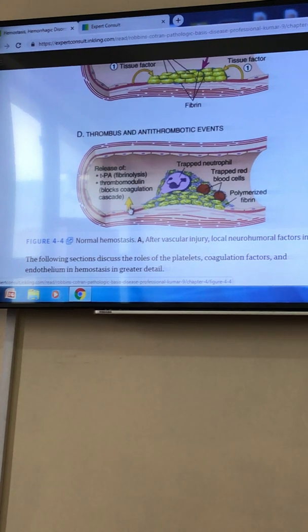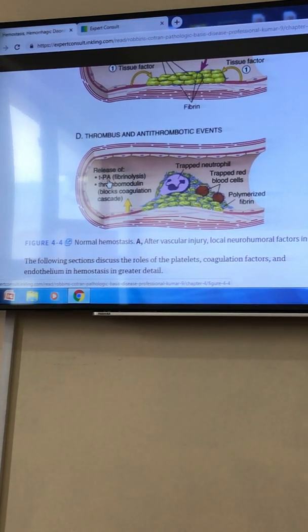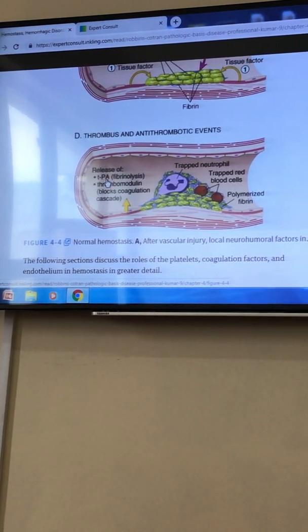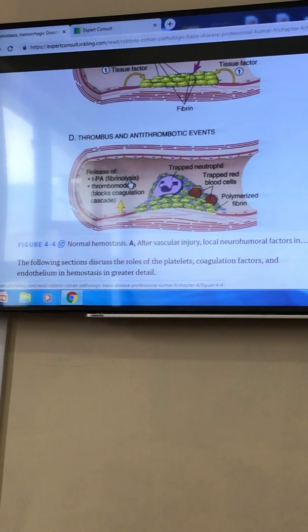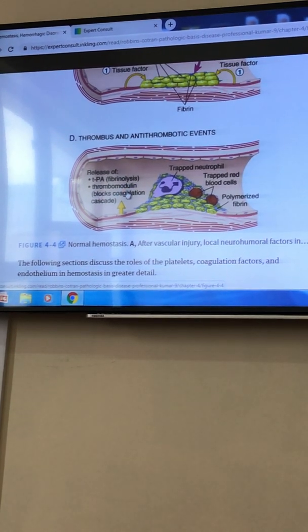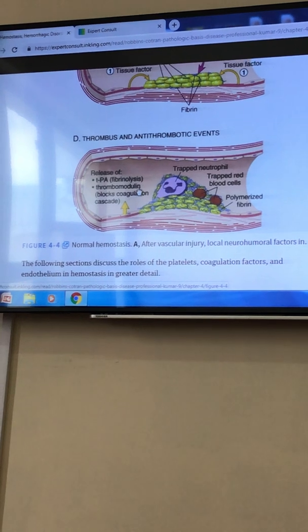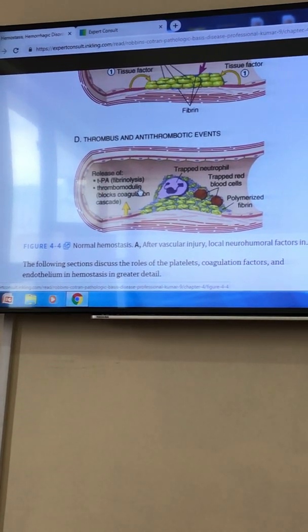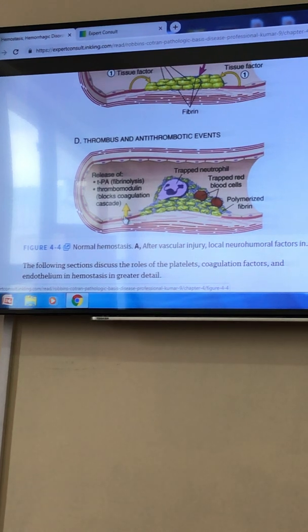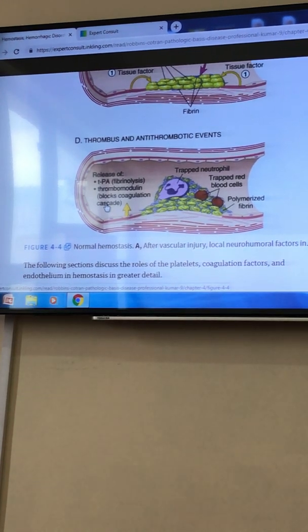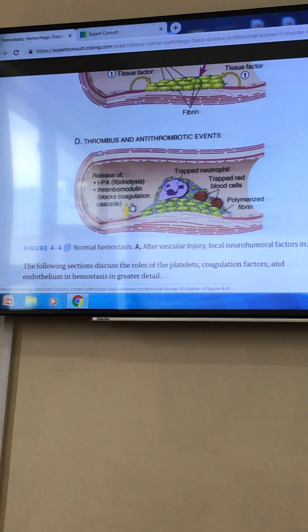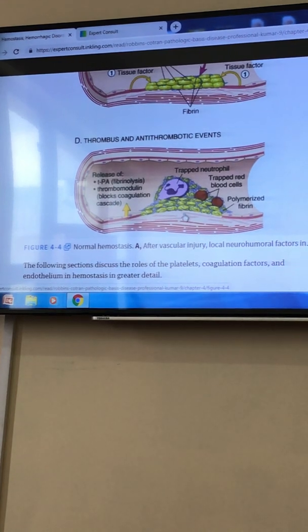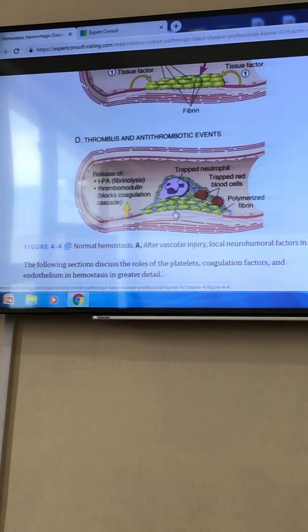So some factors such as tissue plasminogen activator are released by endothelial cells that cause fibrinolysis, or thrombomodulin. Thrombomodulin is a molecule that can prevent some coagulation factors. So endothelial cells, by releasing these molecules, can control the hemostatic plug to dissolve it.